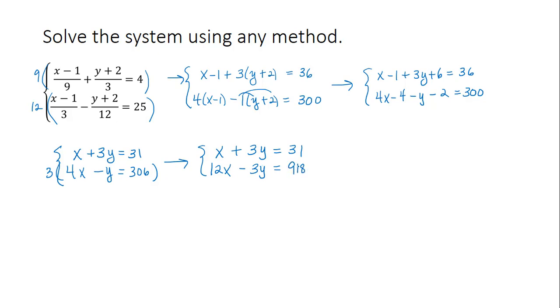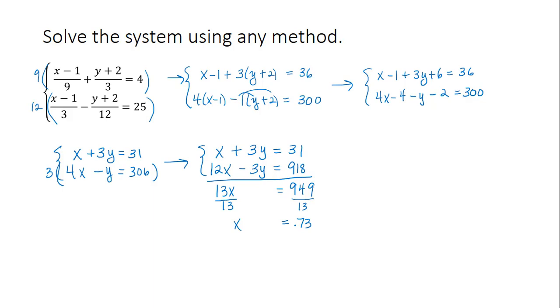Now that we have opposites as coefficients, we add the equations in the system to get x plus 12x, which is 13x, equals 31 plus 918 is 949. Then we divide each side by 13. So x is equal to 73.